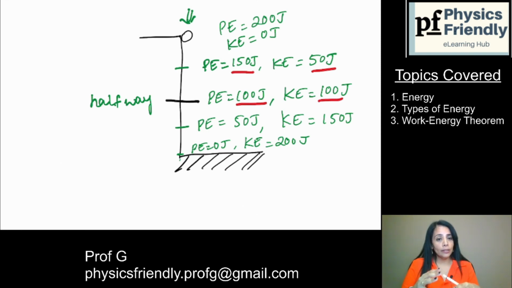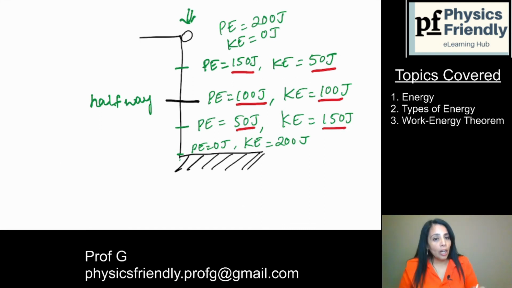Now if the object moves a little bit more, you can see potential energy decreasing and kinetic energy increasing. You see how it happened? It has potential energy and it has kinetic energy. As the potential energy is decreasing, the kinetic energy is rising, right?